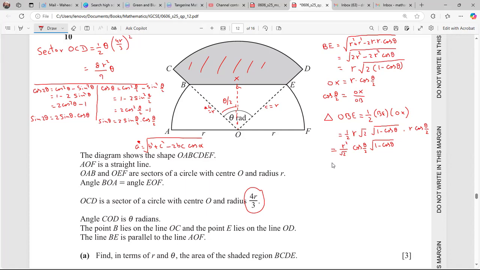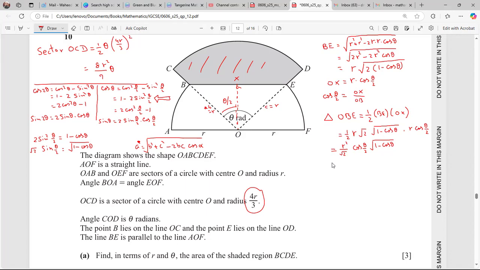Remember, look at this one. From this formula, can I say that 2 sine square theta by 2 is equal to 1 minus cos theta? So if I take the square root on both sides, it's going to be square root of 2 into sine theta by 2, and this is equal to square root of 1 minus cos theta.